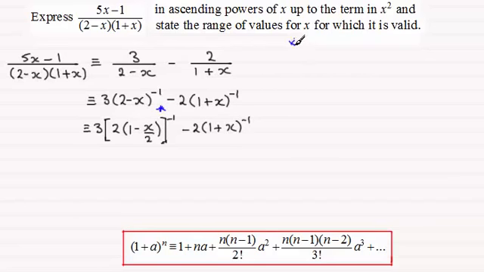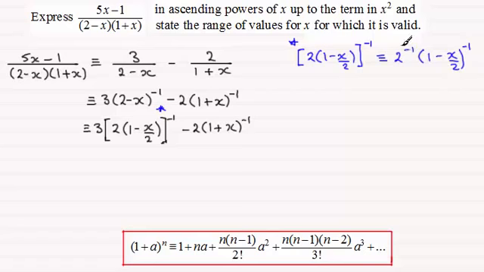So if we've got 2 times 1 minus x over 2, all to the power minus 1, then we can think of this as being 2 to the power minus 1 multiplied with 1 minus x over 2, all to the power minus 1. And 2 to the minus 1, well, that's 1 over 2 to the power 1, a half.